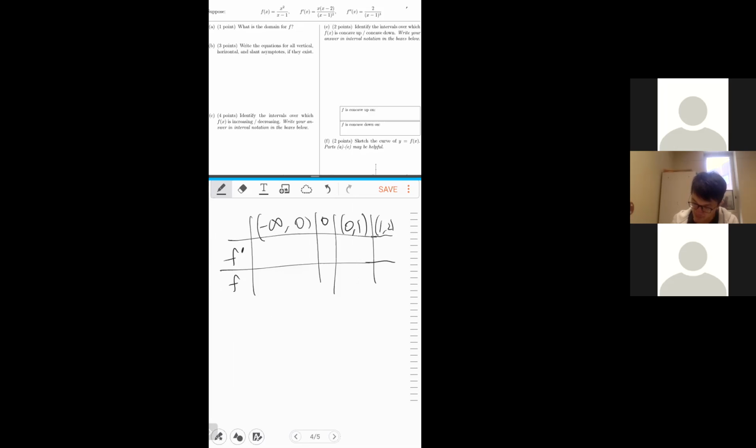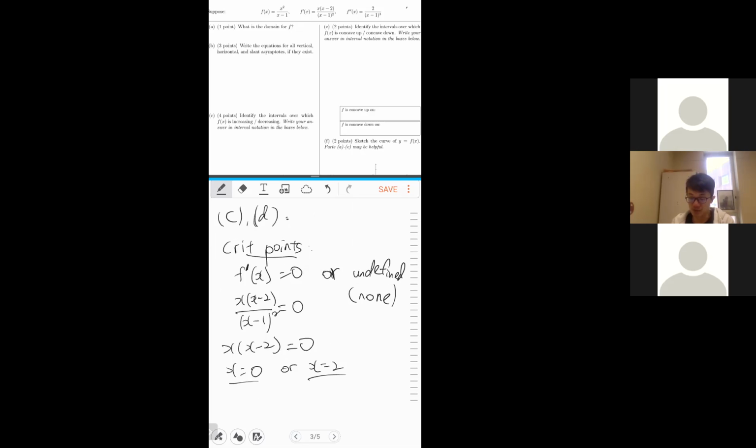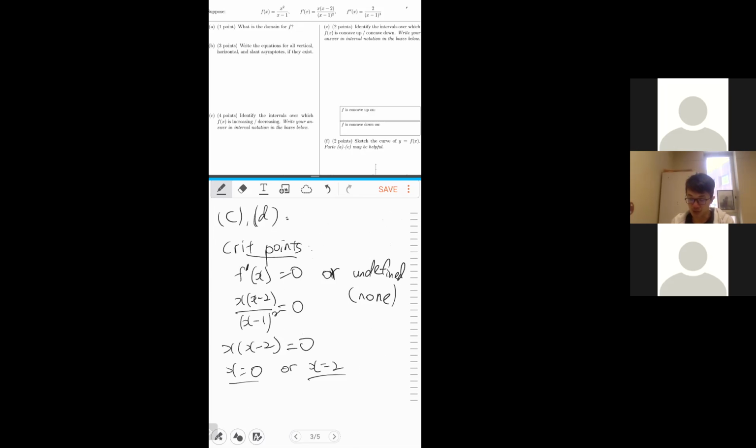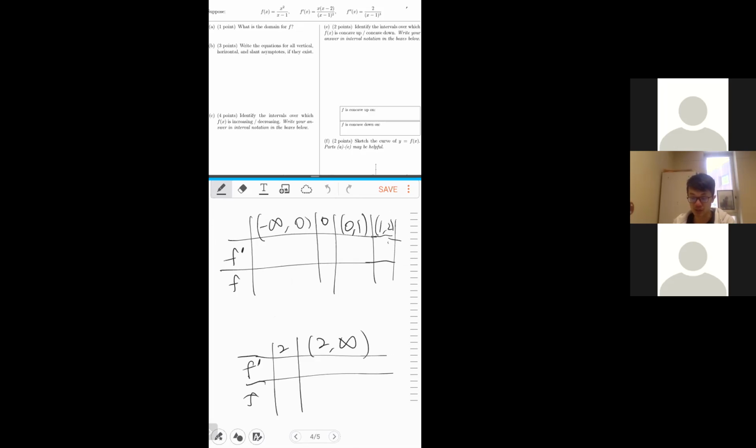The domain was negative infinity to 1 and then 1 to infinity. So using 0 and 2 to split the domain, you should get something like this. Does it make sense? You have to look at the domain, Daniel.